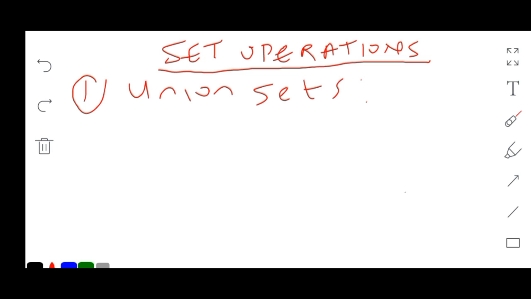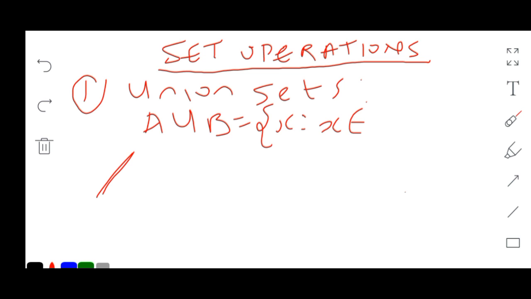So if two sets A and B are given, then the union of A and B is equal to the set that contains all elements present in both set A and set B. Interpret union to be A union B equals to X such that X is a member of... I don't think I talked about such that, so that colon is what goes for such that in set operations, or you can also use a slash like this. It also means such that.